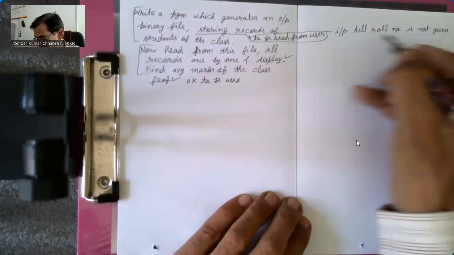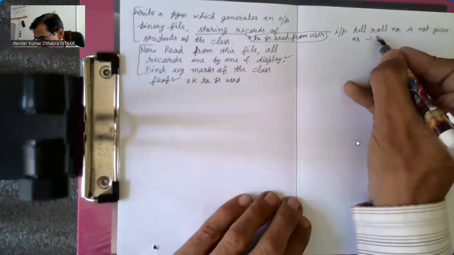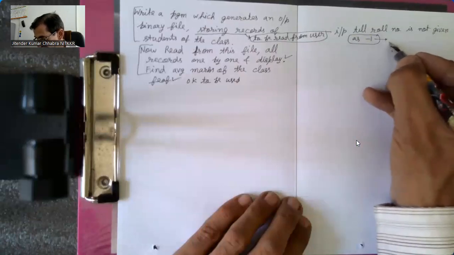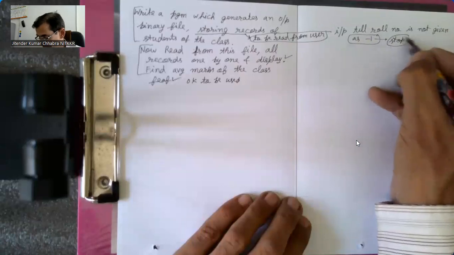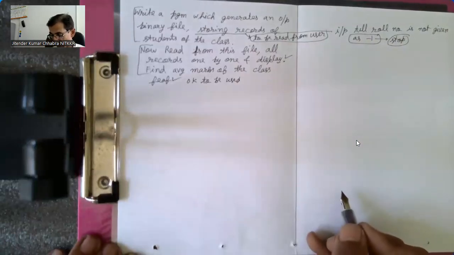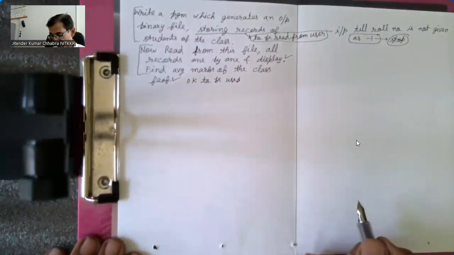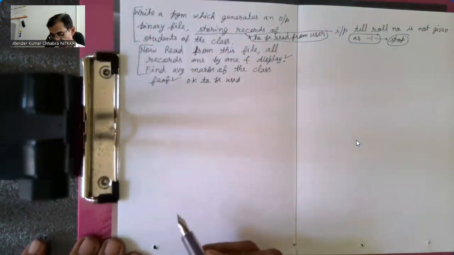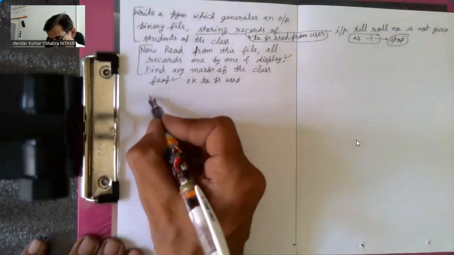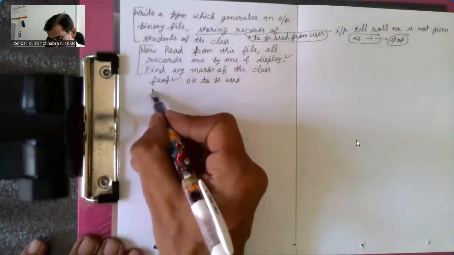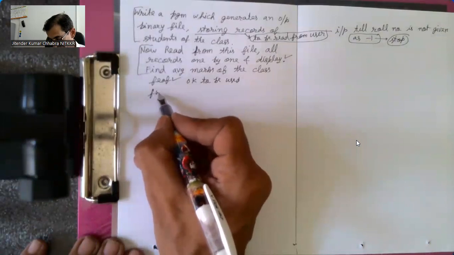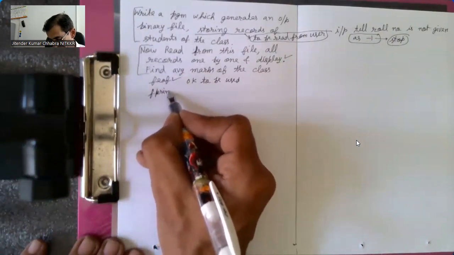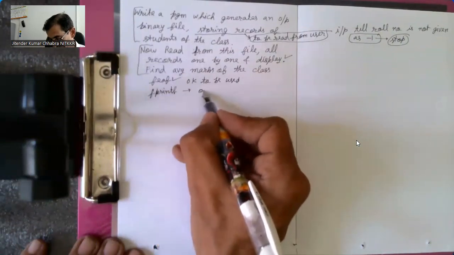Whenever the roll number is inputted as -1, I will stop. So I will read from the user: as a user, I will type roll number, name, and marks, then the second student's roll number, name, and marks, and proceed like this. How to do that? I need some reading and writing commands. For writing into the file, earlier you have used fprintf, but this is only for text files.